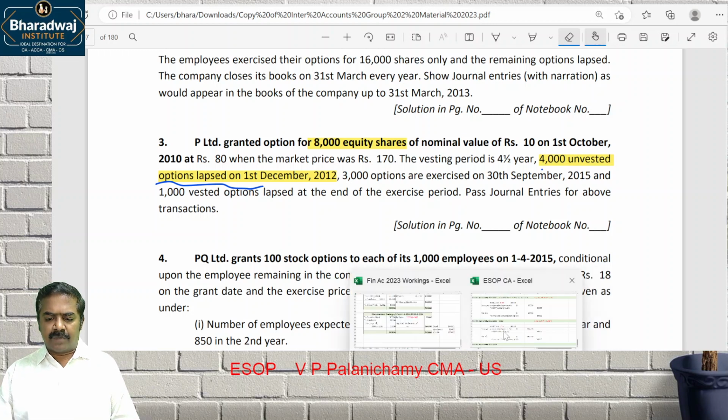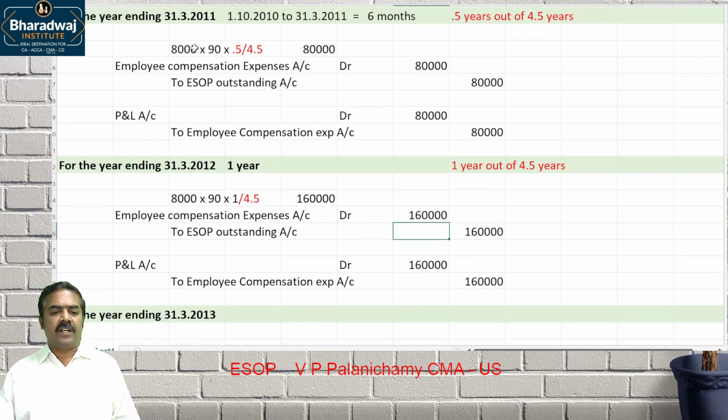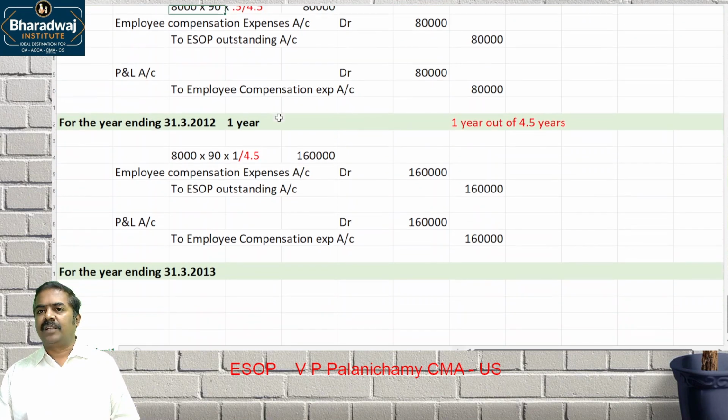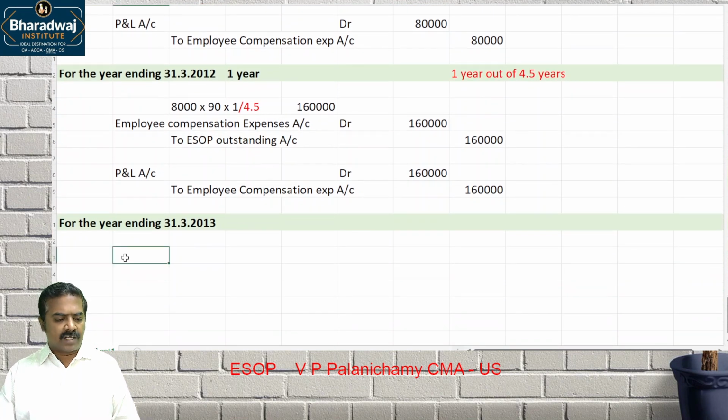But we created a provision for this. For the past 1.5 years, we were creating provision based on what? 8,000 options. So when did the unvested options lapse? 1st December 2012, which falls in financial year 2012-13.